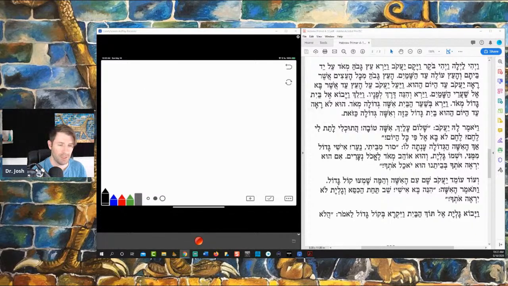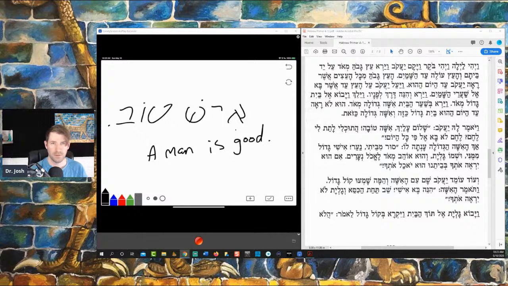However, if we were to say ish tov, period, this would be a predicate adjective. We would be saying a man is good, because that's all we have in the sentence.